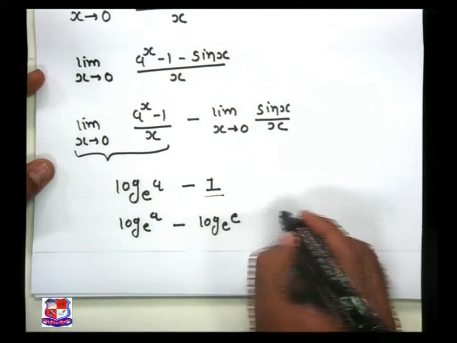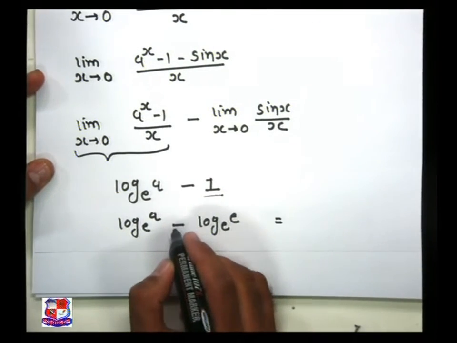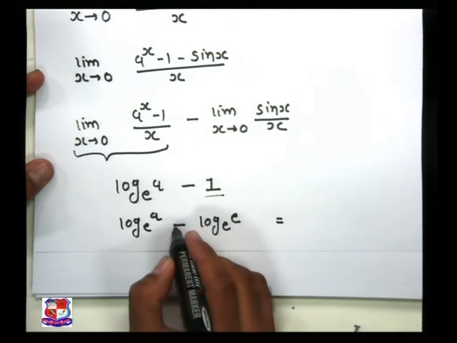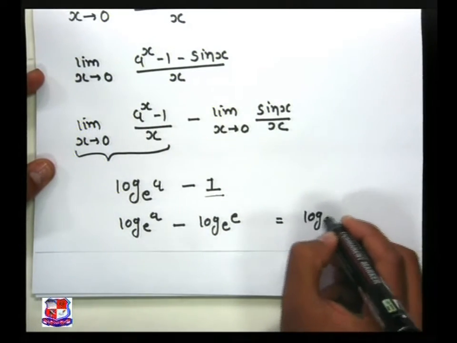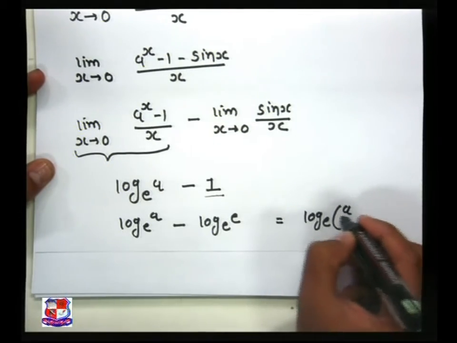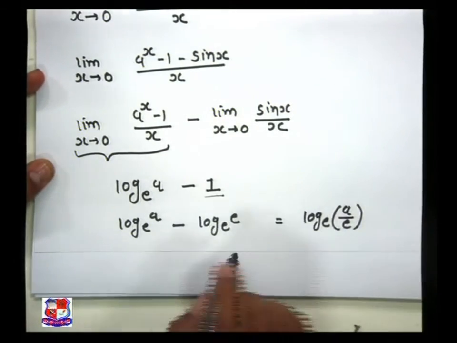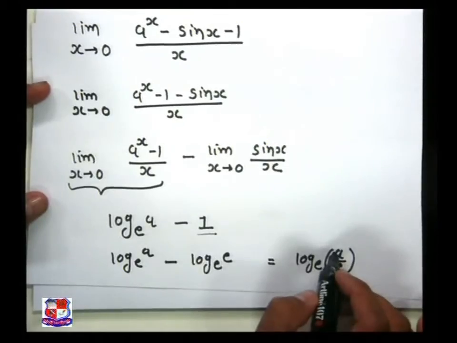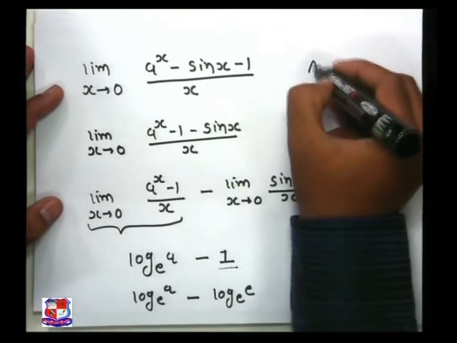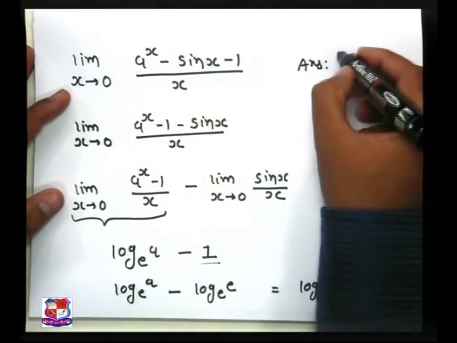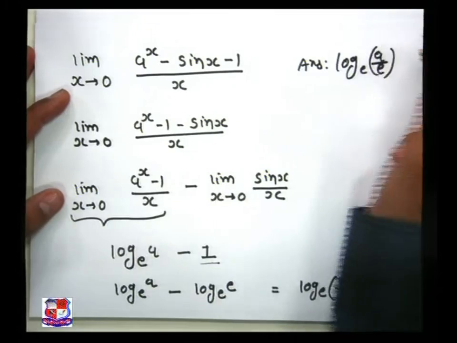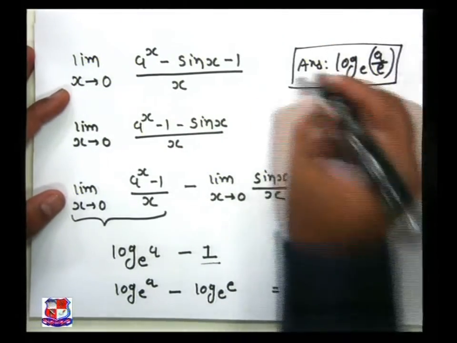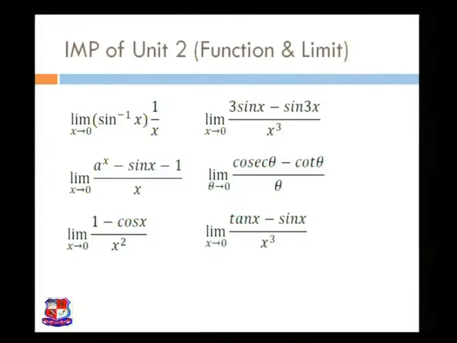And finally apply the rule of logarithms, whenever minus then divide. So log e a divided by e. So the final answer is a divided by e. So write our answer, that is log e a divided by e. Now we move to our next question.